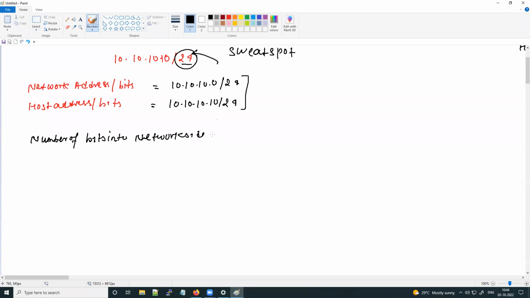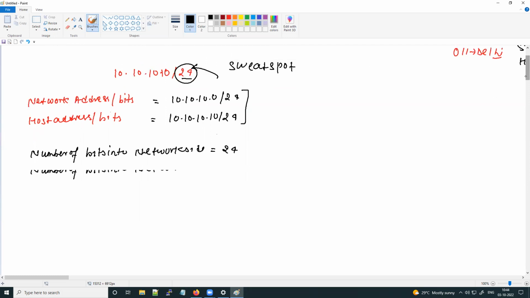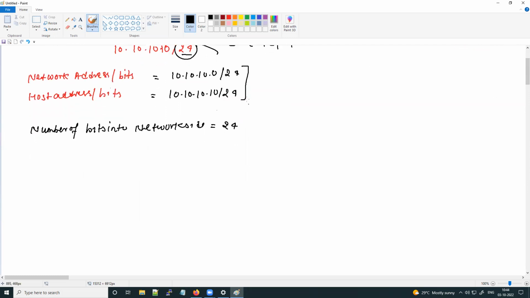And how many bits do we have on the network side? 24. And if you remember, an IP address is a 32-bit number. So if 24 bits are on the network side, then how many bits are on the host side? 32 subtract 24, you will get 8 bits.